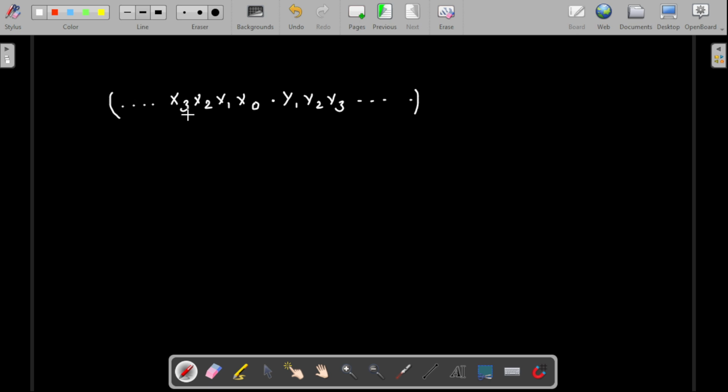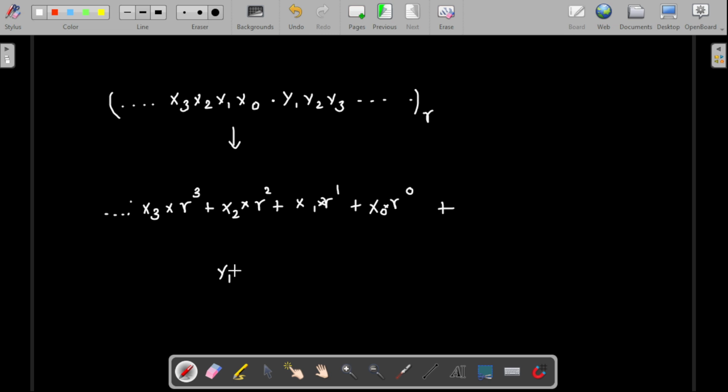We can represent this with a base R. This R indicates the base system, and the maximum number of different symbols present is identified by this base R. In a normal expression or conversion, it is written as: dot dot dot x3 times R^3 plus x2 times R^2 plus x1 times R^1 plus x0 times R^0, then plus the fractional terms, written as y1 R^-1 plus y2 R^-2 plus y3 R^-3.